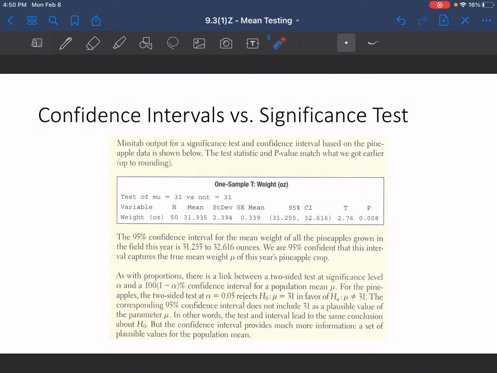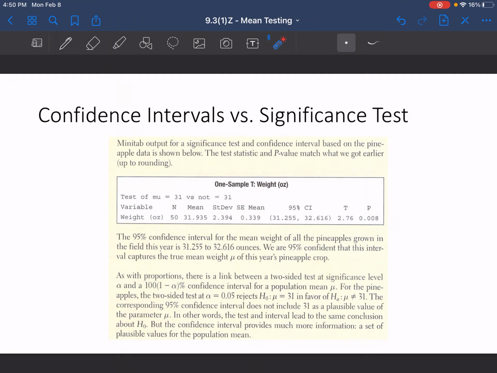So if we were given this Minitab output, where they gave us our confidence interval right here, our t-value, our p-value, all that, we would say that the 95% confidence interval for mean weight of all pineapples grown in the field this year is between 31.25 and 32.616 ounces. And we are 95% confident that this interval captures the true mean weight, mu, of this year's pineapple crop.